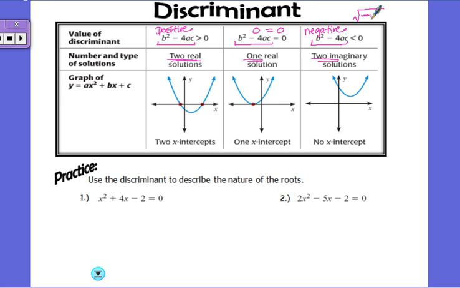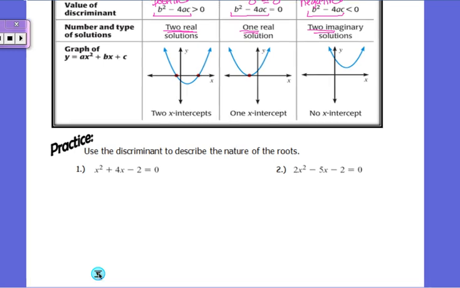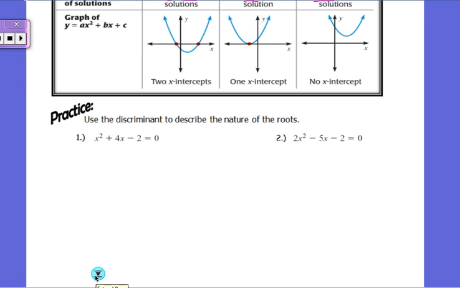So for these, to figure out your discriminant, you are just identifying your a, b, and c and calculating b squared minus 4ac. So taking a look at number 1, it's already in standard form. Now identify your a, your b, and your c. So a is 1, b is 4, c is a negative 2.